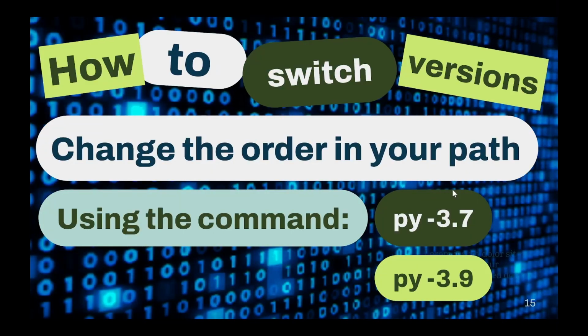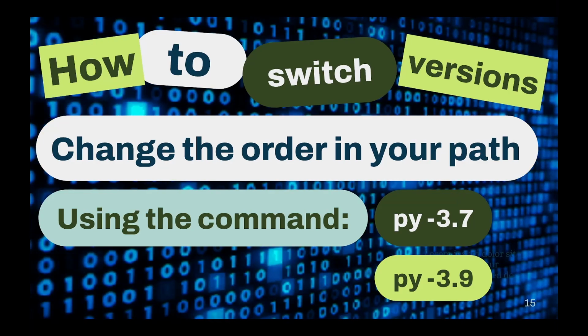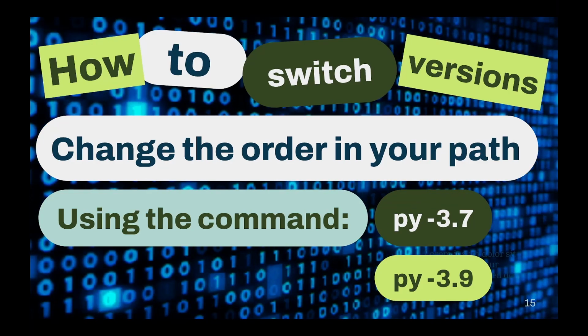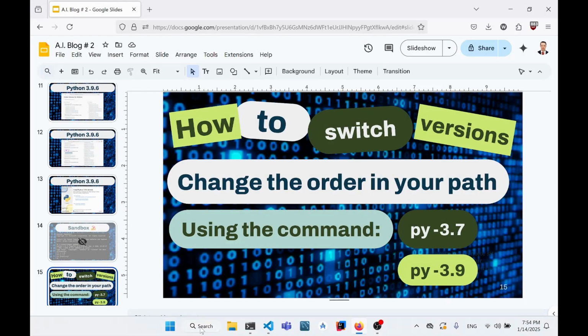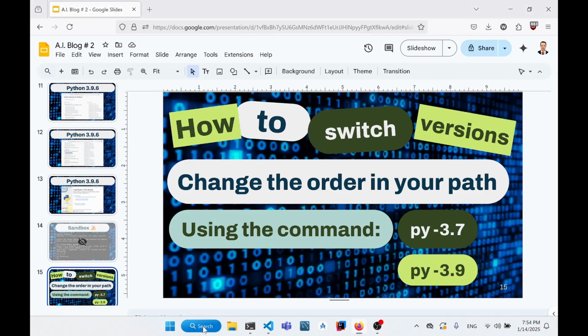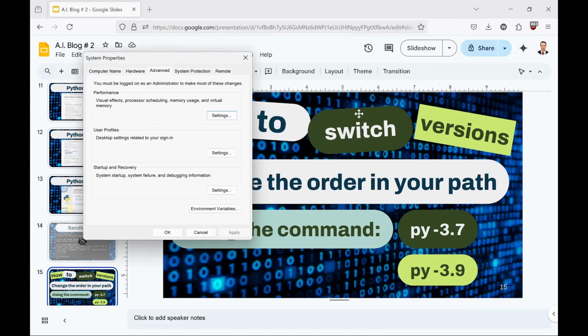So, changing between versions. Change the order in your path. So let's go to our path. I'm going to get out of my PowerPoint. I'm going to go to my search bar down here. I'm going to type env. Here you have edit the system environment variables.